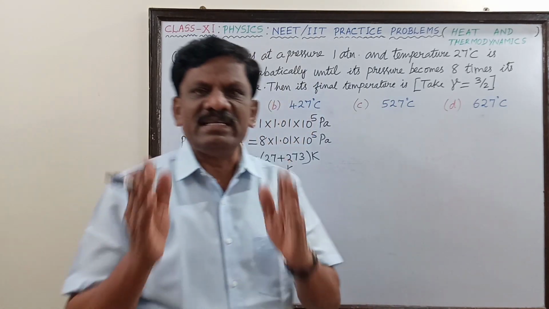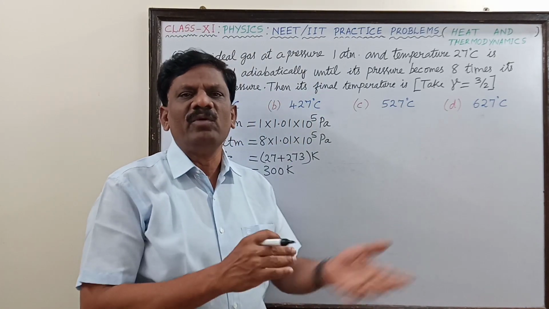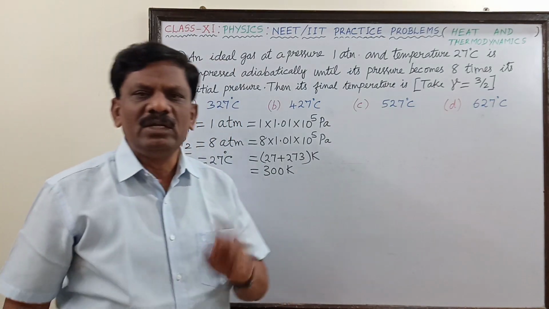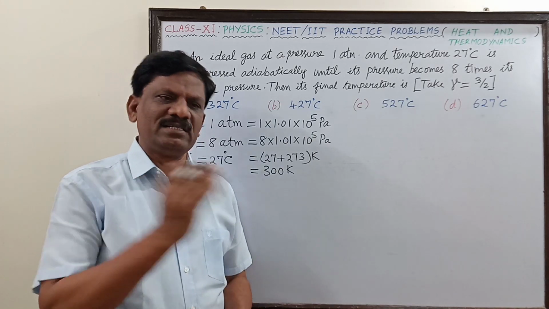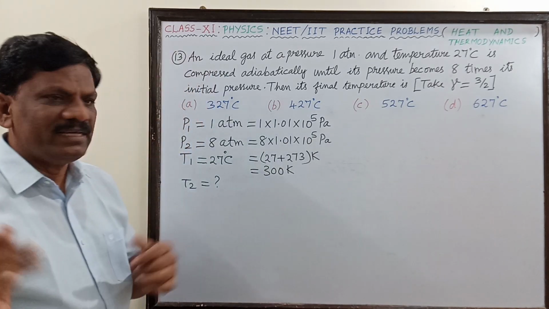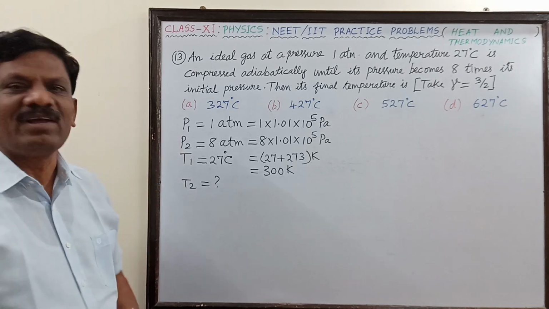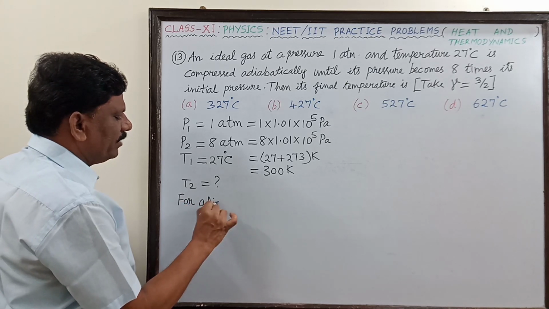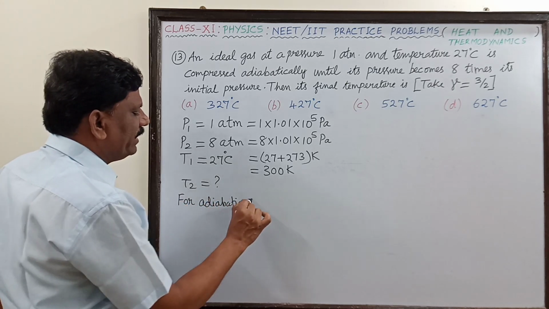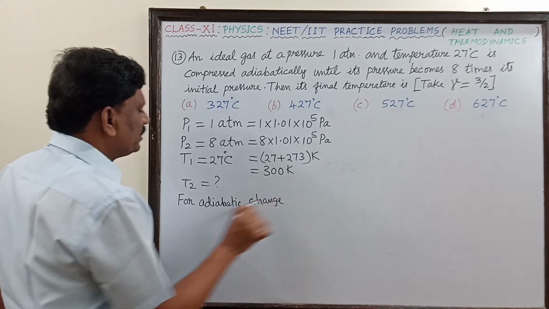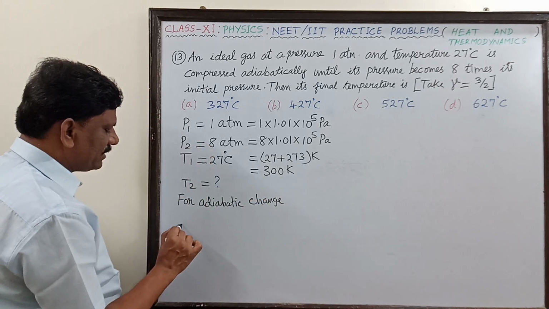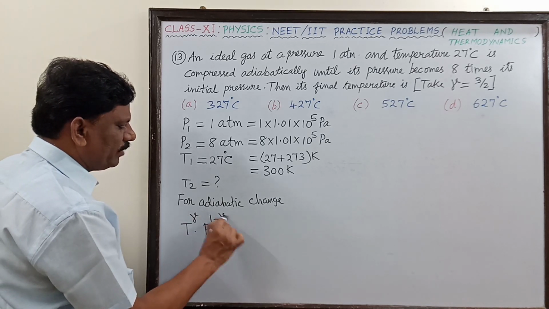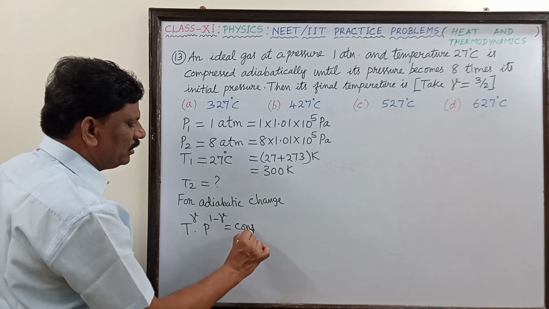Now the equation of state connecting the pressure, volume and temperature for adiabatic process we have studied. P into V power gamma is equal to constant relates pressure and volume. But which relation connects pressure and temperature for adiabatic change? For adiabatic change, the equation relating pressure and temperature is T raised to the power gamma into P raised to the power 1 minus gamma is equal to constant.